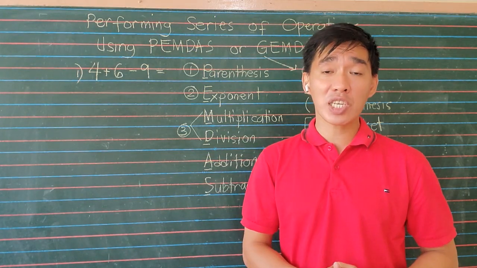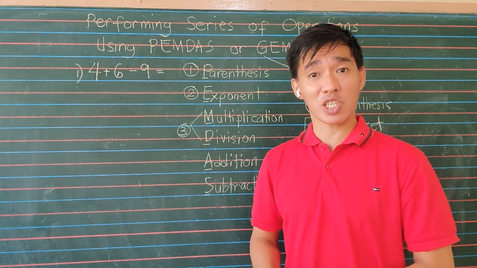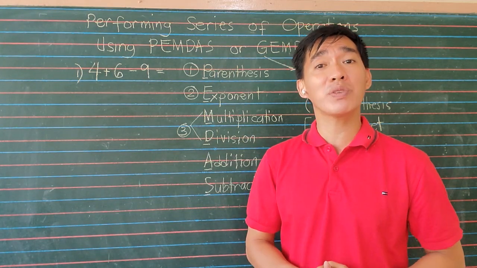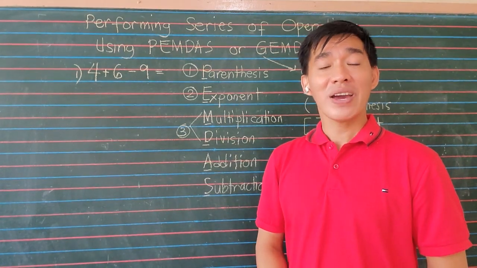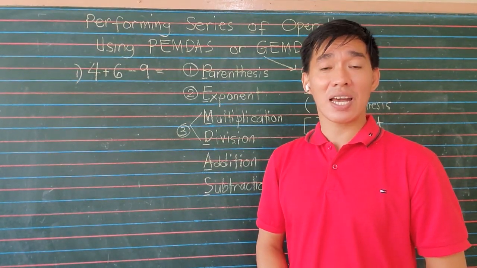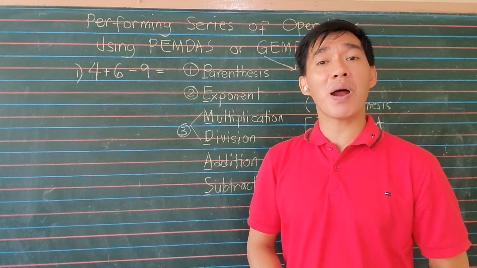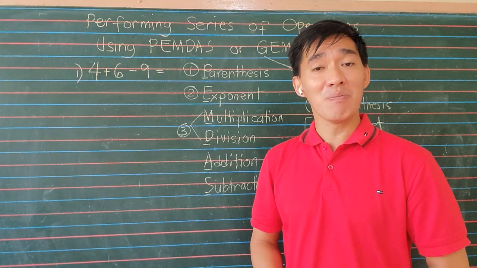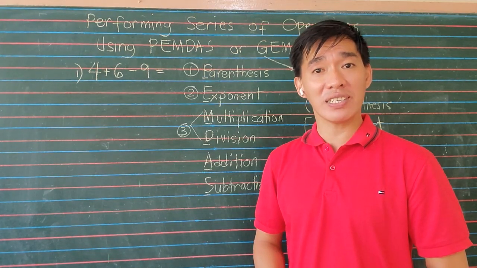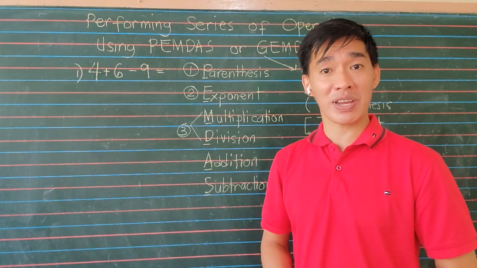However, if division comes ahead of multiplication, you have to divide first ahead of multiplication. So, in a number sentence, whichever comes first from left to right order should be done first. Multiplication or division is our rule number 3.